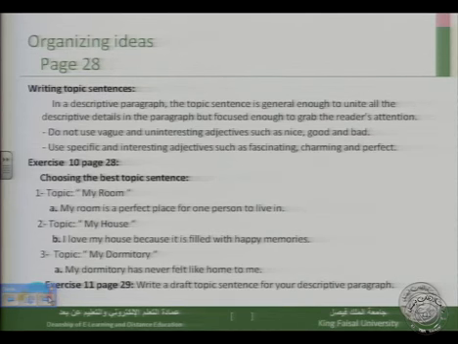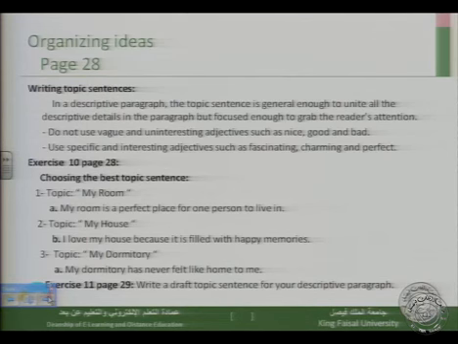In the next slide, we are going to speak about writing the topic sentence. As we said in the first chapter, before you write, you have to choose the topic, and then you have to brainstorm, and then you have to organize your ideas, and the fourth step is to write your topic sentence. Okay, in a descriptive paragraph, the topic sentence is general enough to unite all the descriptive details in the paragraph, but focused enough to grab the reader's attention.